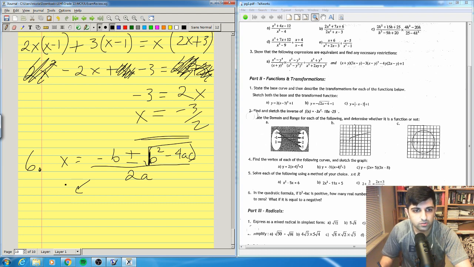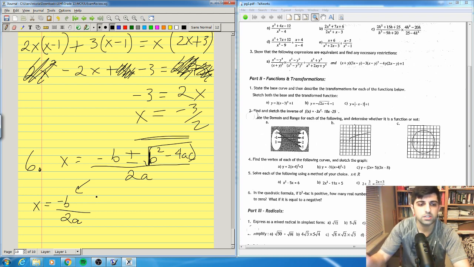So what this turns into is negative b plus or minus nothing over 2a. What's something plus nothing or something minus nothing? It's itself. So this solution turns into just negative b over 2a. But b is some number, a is some number, and so that equals only one thing. So if the discriminant is 0, you get one solution.